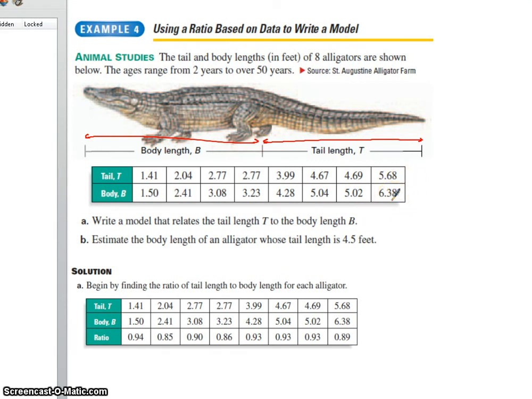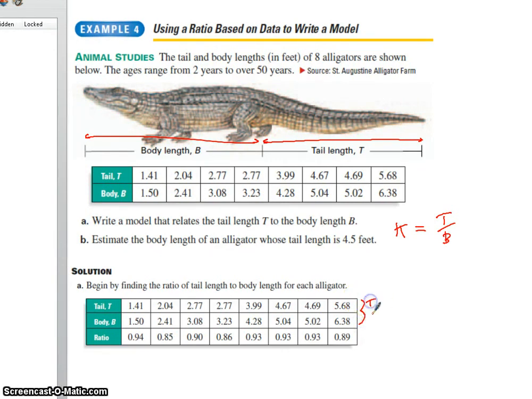So first of all, we'll write a model that relates the length of the tail to the body length, and that would be something like K is equal to the tail divided by the body length. Okay, so I'm going to just take the 1.41 and the 1.5 and divide them, and that's what we've done already down here.